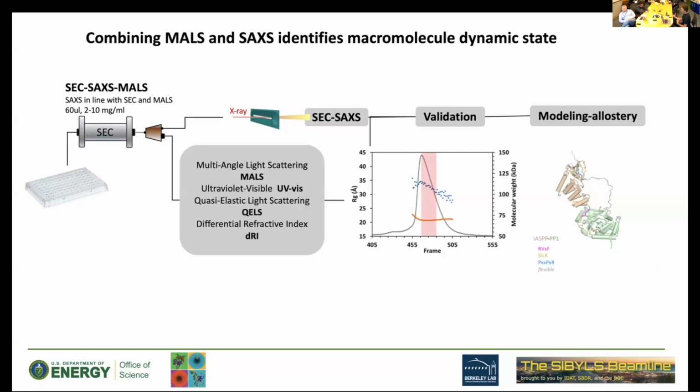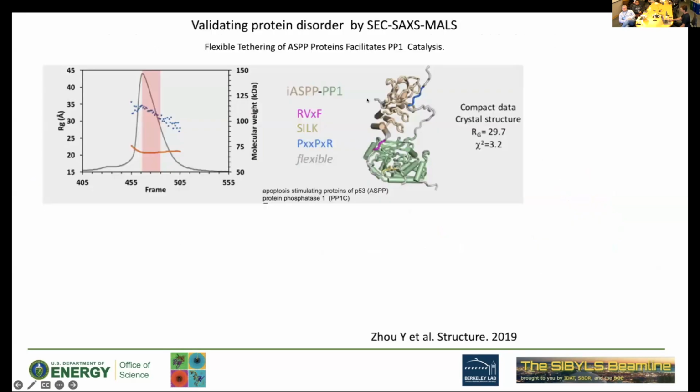And so that's why you can track these different compactions and extensions across the elution. And that's why it's very important sometimes, if you're interested in this dynamicity, to distinguish oligomerization state differences versus dynamic state.